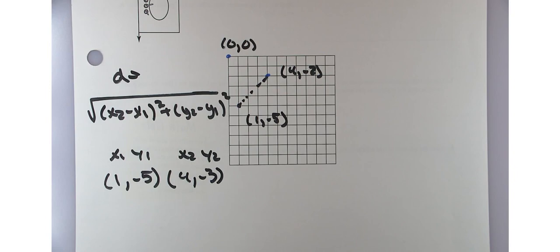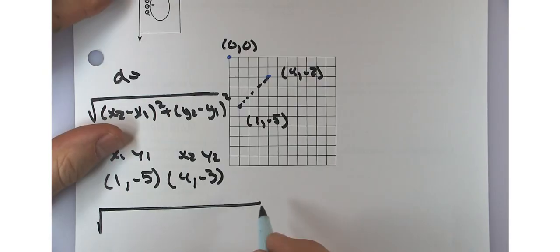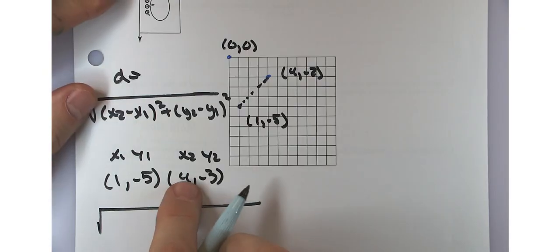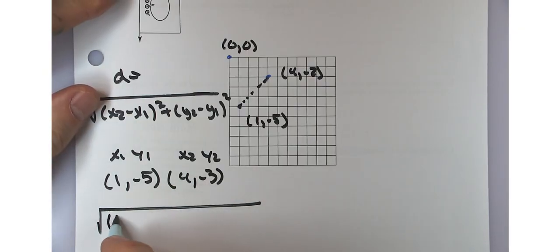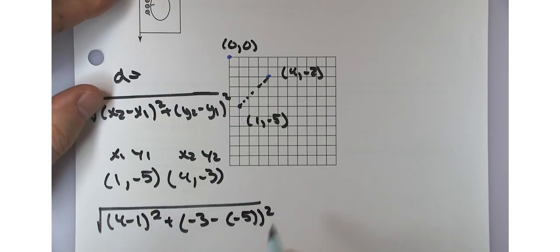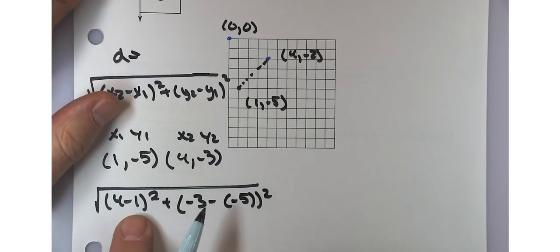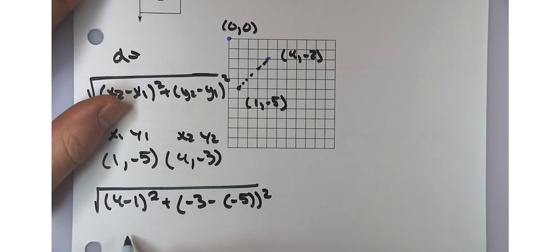All right. It should look like this. 4 minus 1 squared plus negative 3 minus negative 5 squared. Tell you what, I'll simplify the first one, you do the second one. That's going to be 3 squared. How about this next one? What do I get when I simplify that?